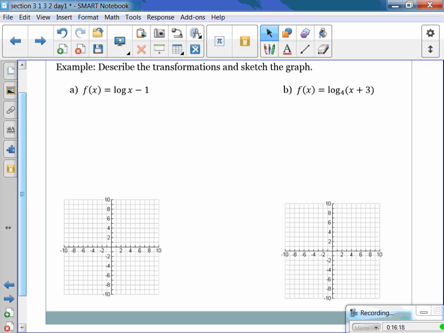I think f of x equals log x minus 1. What type of transformation do I have? What's happening? Absolutely. We're shifting down 1, a vertical shift down 1 unit. Anything else? Does my asymptote change?